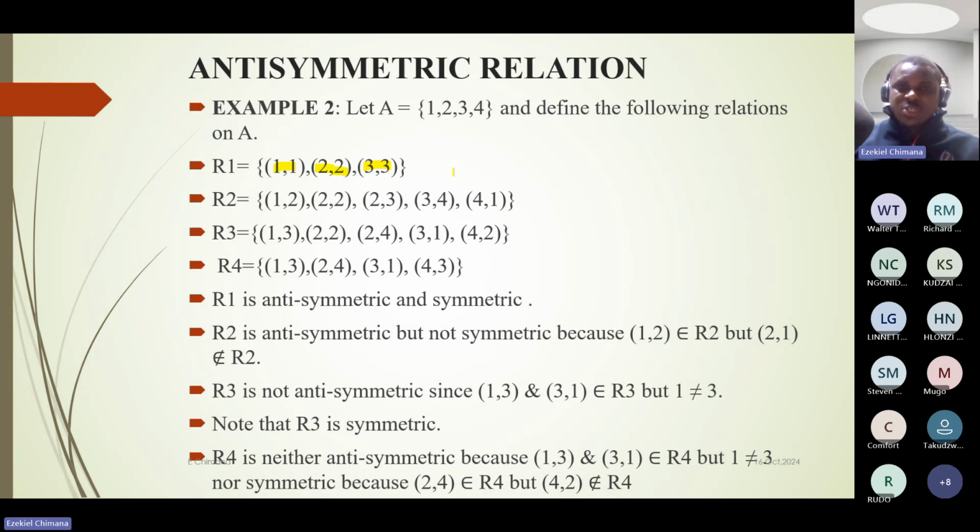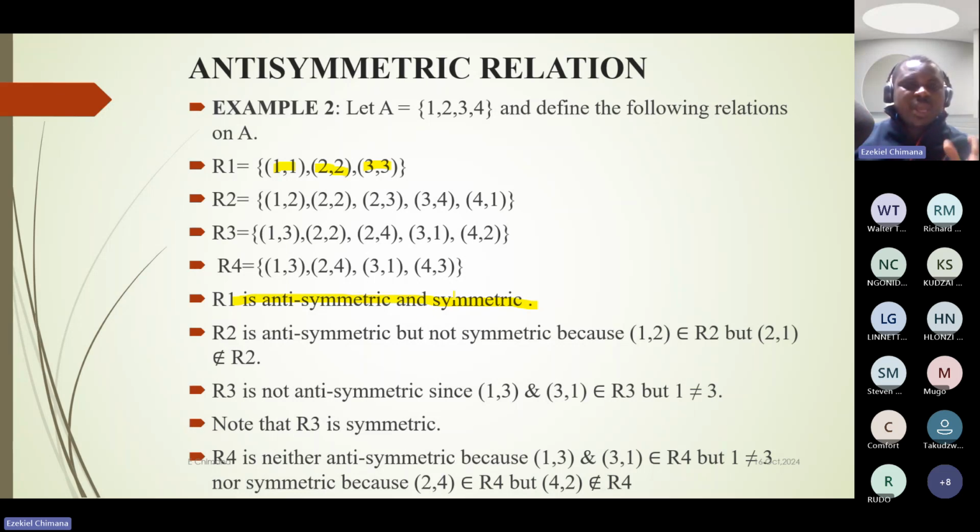We do not have a case where we have two vertices with one going forward as well as going back. This one's just a loop, this one's just a loop, and this one's just a loop. So it is both antisymmetric and symmetric. That's why we say that antisymmetric and symmetric relations are not opposite of each other.